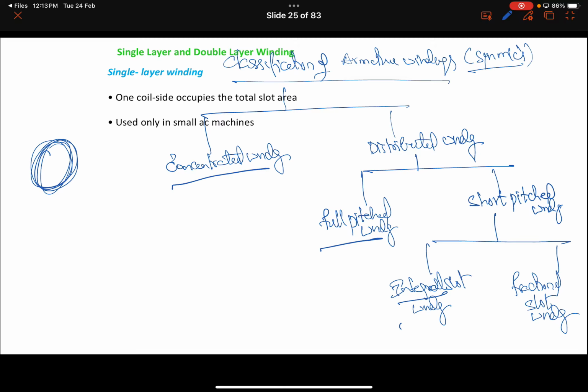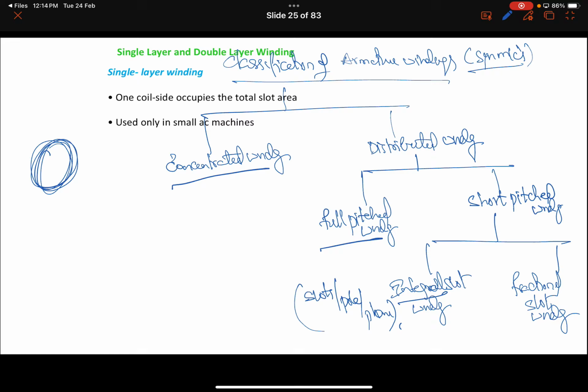Integral slot winding, fractional slot winding, I'll just tell in short here. If slots per pole per phase, A by B into C, if the resultant value is an integer, then that's an integral slot winding.